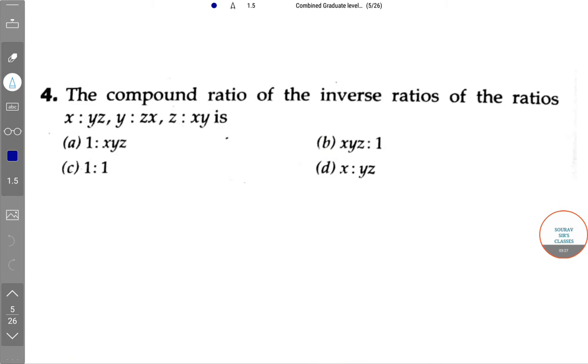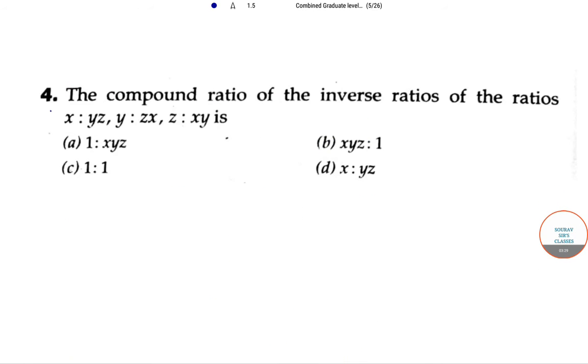Okay, so here we have the ratio: X is to YZ, Y is to ZX, Z is to XY, and we have to find the compound ratio of the inverse ratio. So first we have to find the inverse ratio.